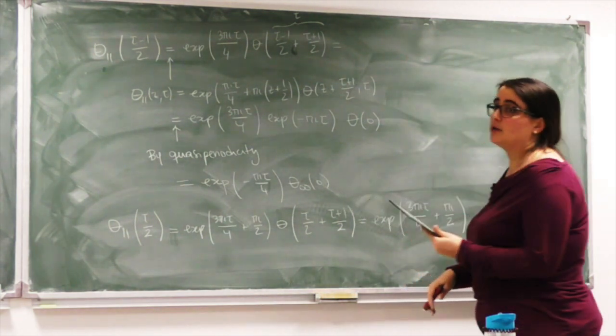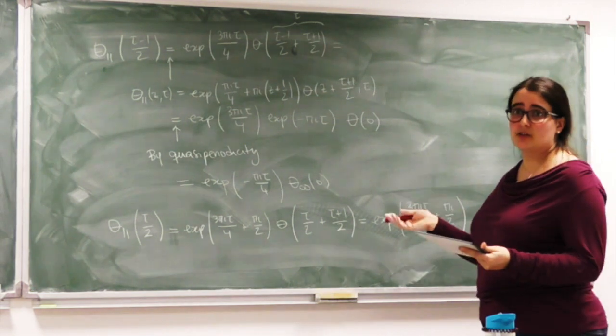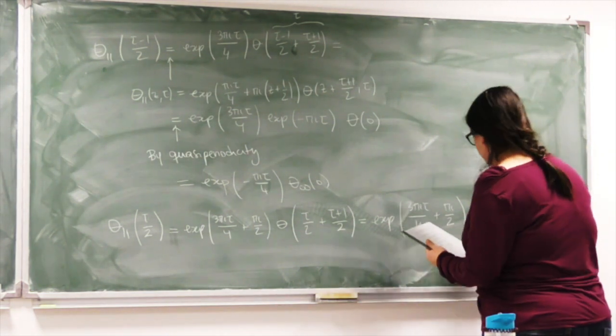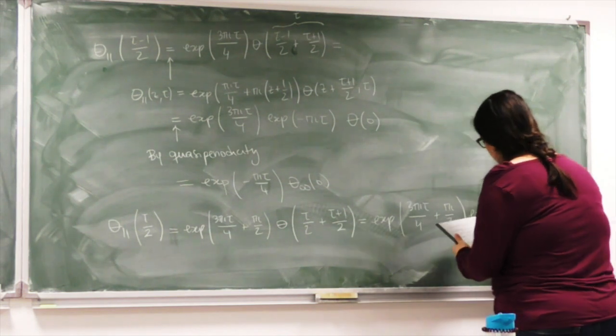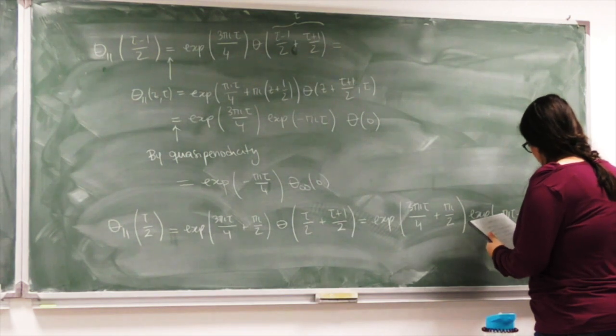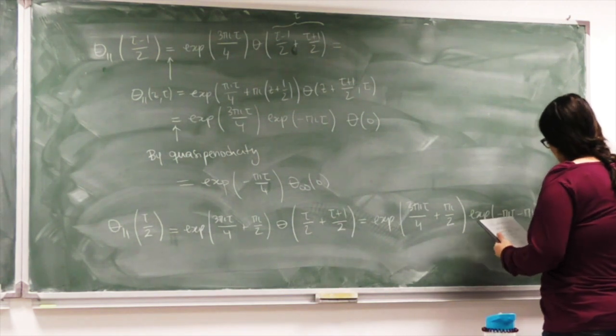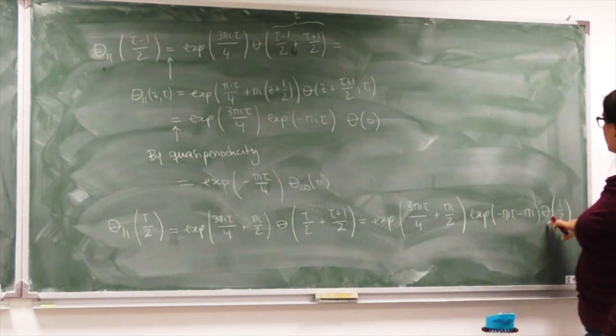Feel free to let me know through the platform where I have a typo, because I'm sure there's one. You can try to find it. With these things, you always have to recheck your computations 3,000 times before you can actually keep them. So here, before we got theta of 0, now we have theta of 1/2.